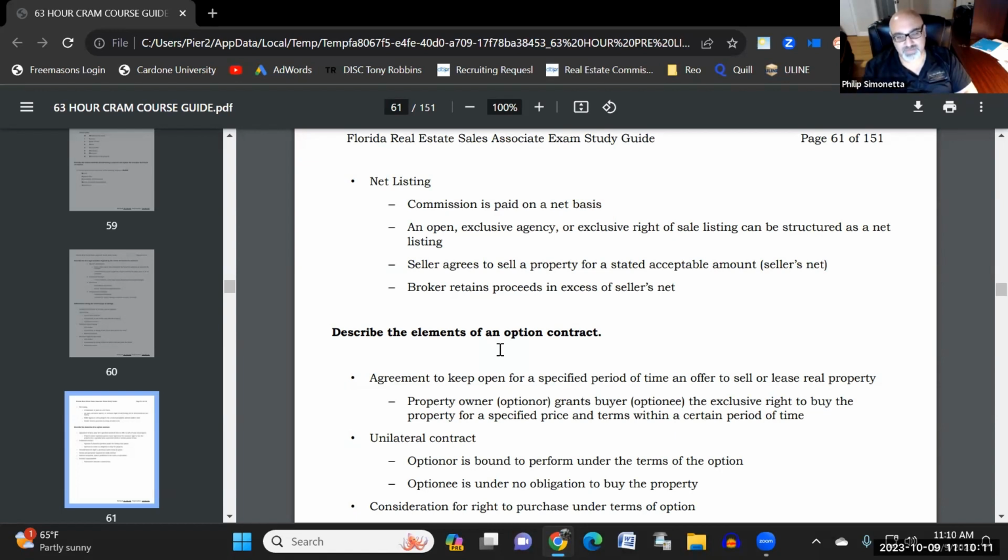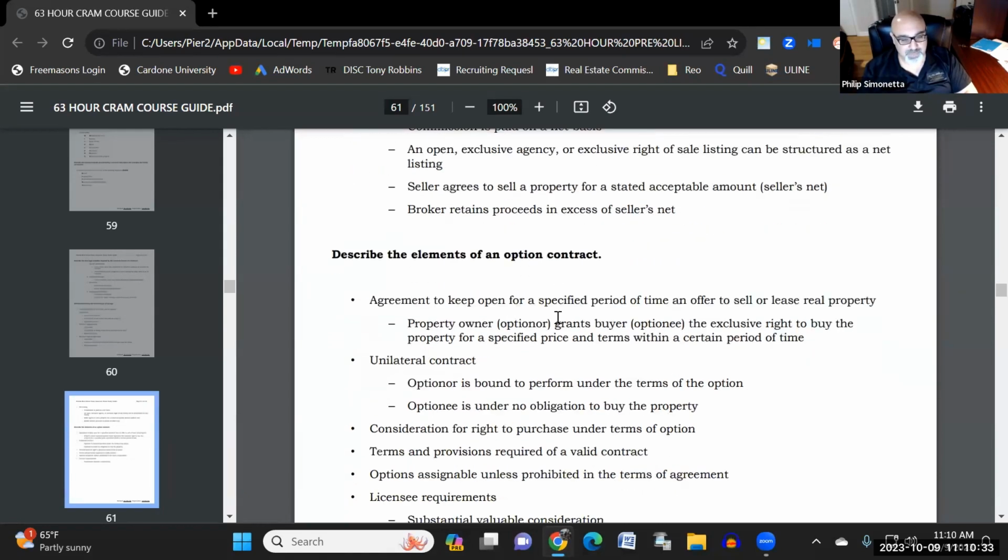That's called a net listing. Okay. It's illegal in a lot of places. Florida, it's legal but frowned upon because there could be a lot of misleading in that. If somebody says, hey, I just want this much for the house, it's a little bit shady when you do that, and it is frowned upon, but people do them. Got it.